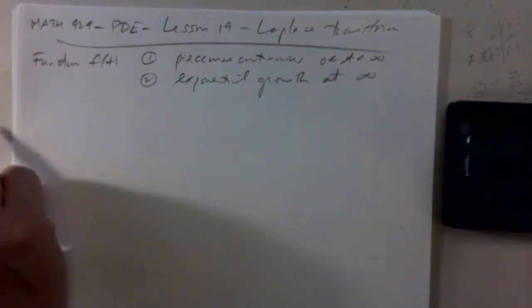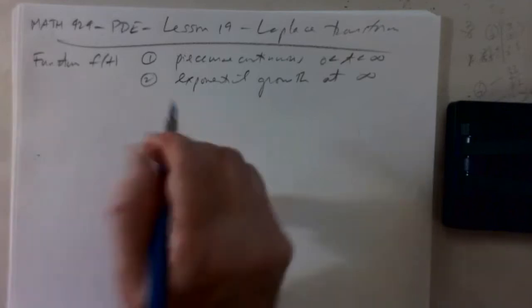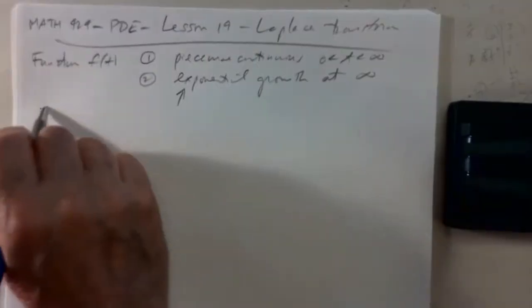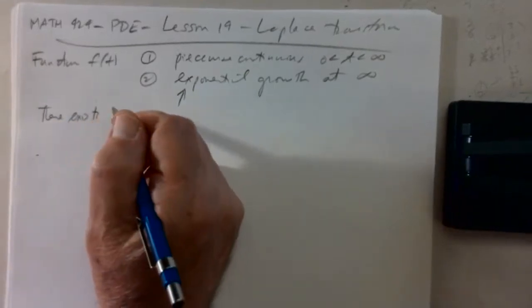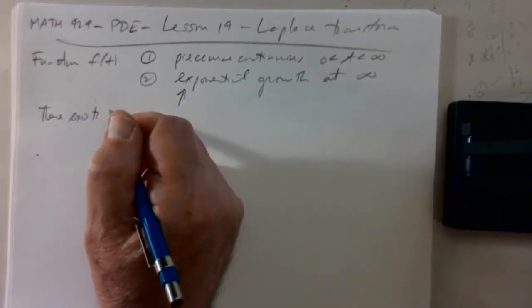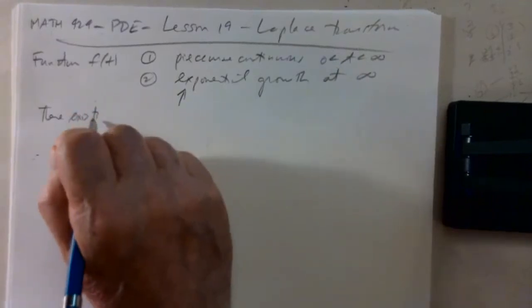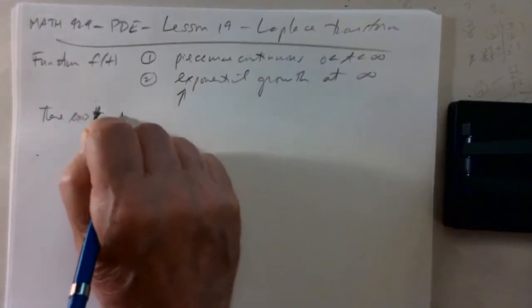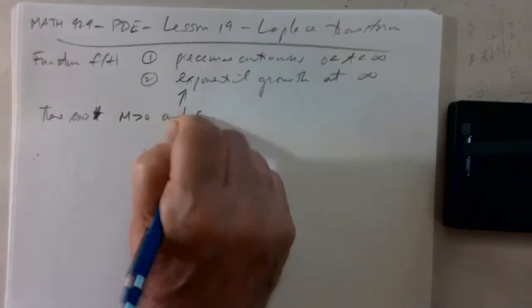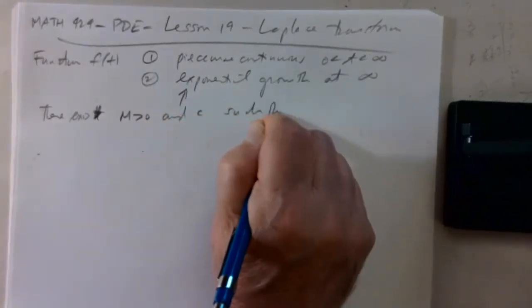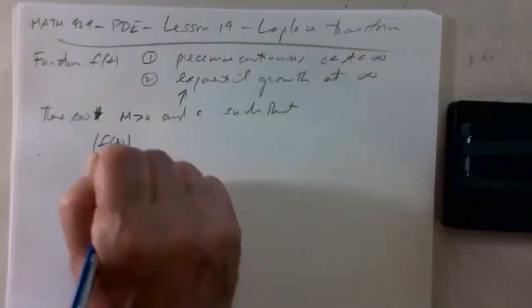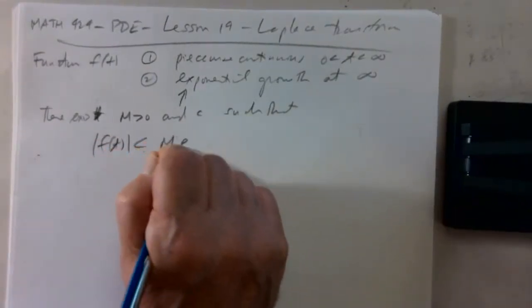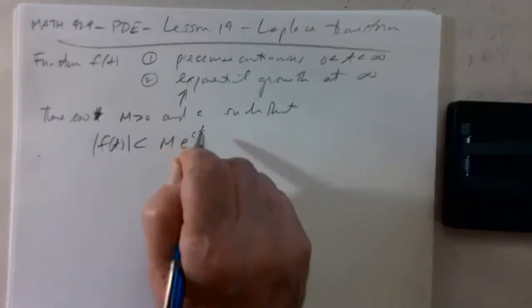And what that means is that there exist numbers m greater than 0 and c such that the absolute value of f of t doesn't grow faster than e to the c times t.